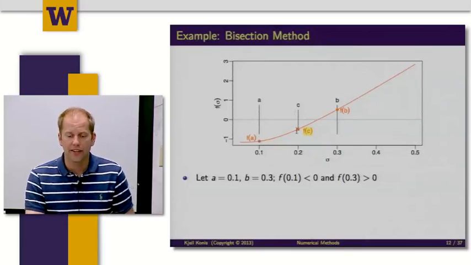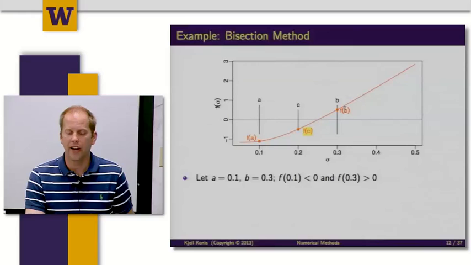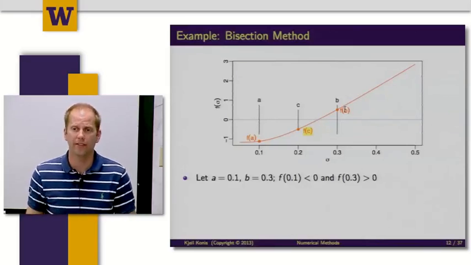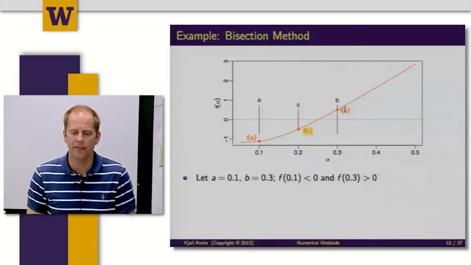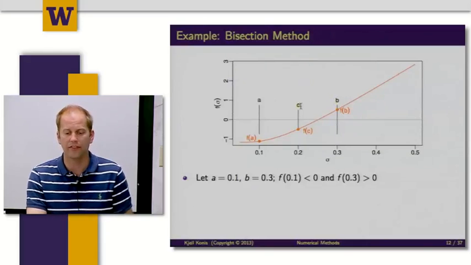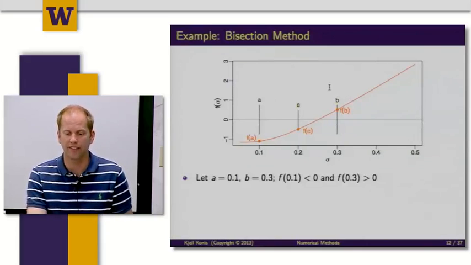On the other hand, for the interval [c, b], since f(c) is negative and f(b) is positive, I know it has to cross 0 somewhere in that interval. So that's the interval I want to keep. Now I'm just going to do this all over again, starting with this interval. I assign c to my value a, go back to the beginning, and repeat the bisection process with just the interval on the right side.